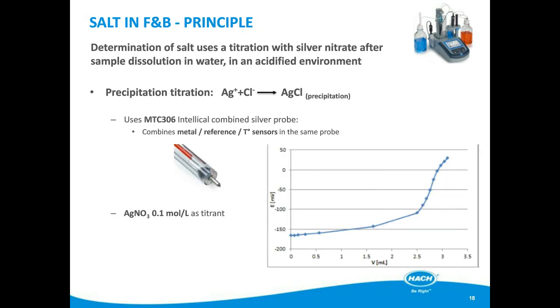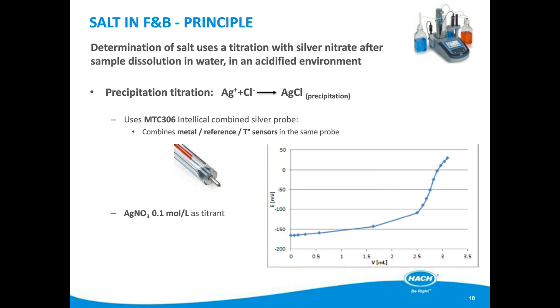Regarding the principle, this kind of titration allows us to determine the salt in the sample and uses silver nitrate as titrant after sample dissolution in water and in an acidified environment.